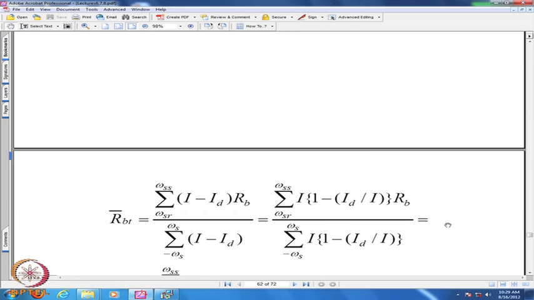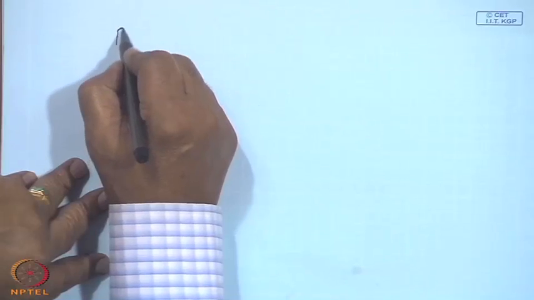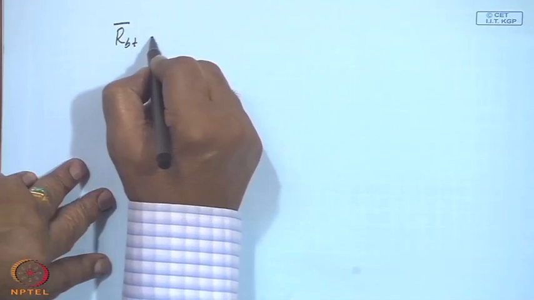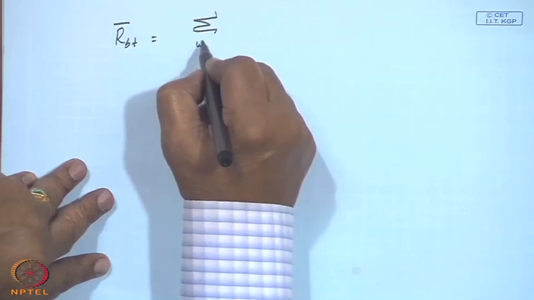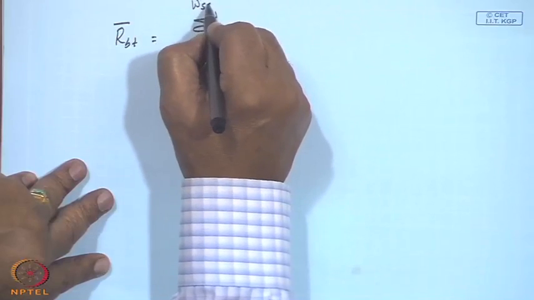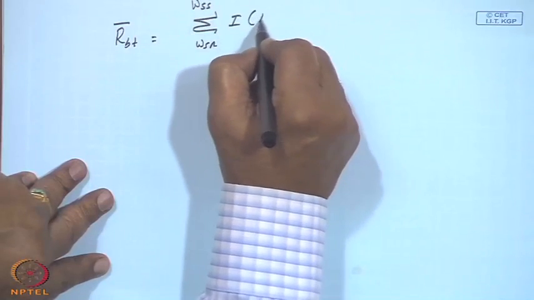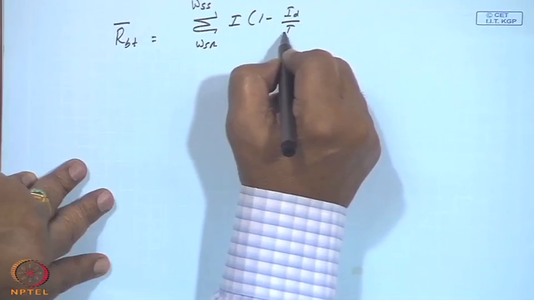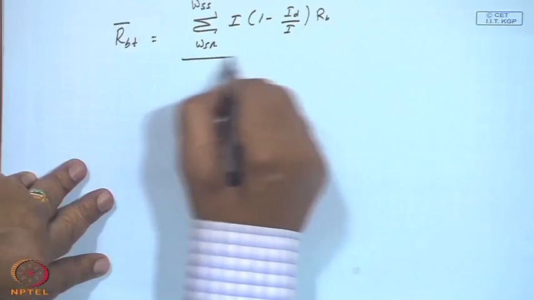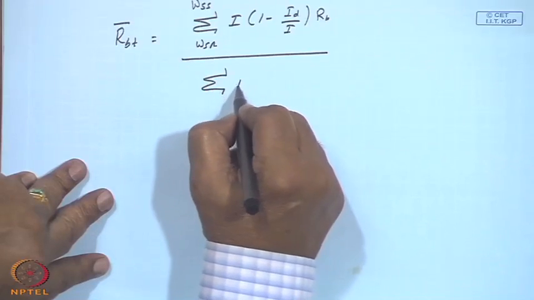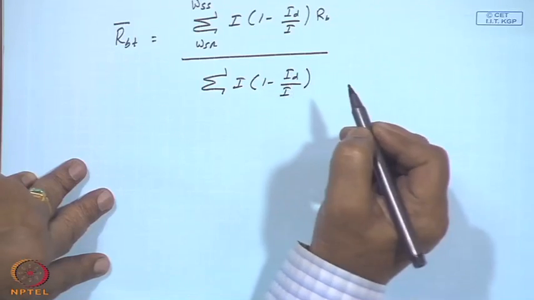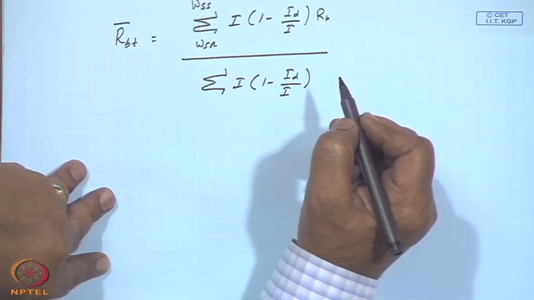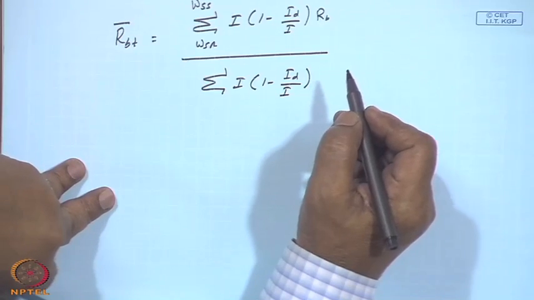So, this R_b bar T is expressed in terms of the diffuse fraction, just I is taken outside common. So, that I_d by I is a known function.